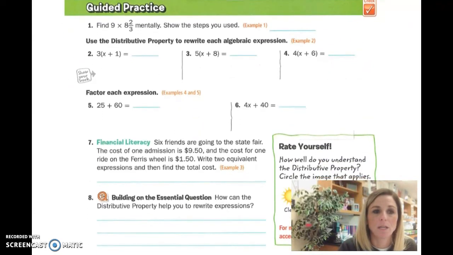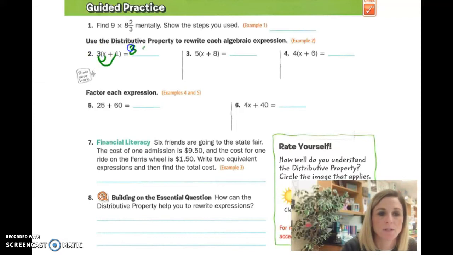So let's take a look. We are going to do these really quickly together, and then you are going to use this time to work on your homework. So we are going to use the distributive property to rewrite. Remember, we're going to distribute this. So I first go 3 times x, which is 3x. 3 times 1 is 3.